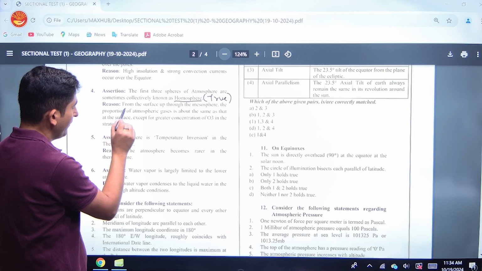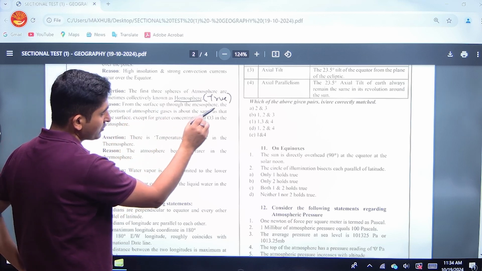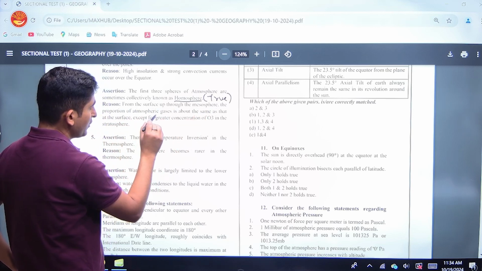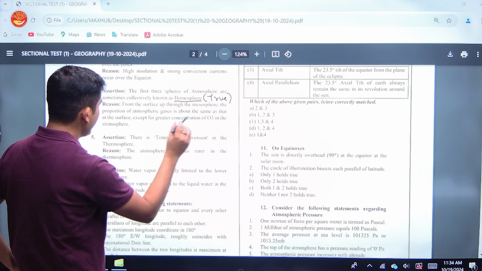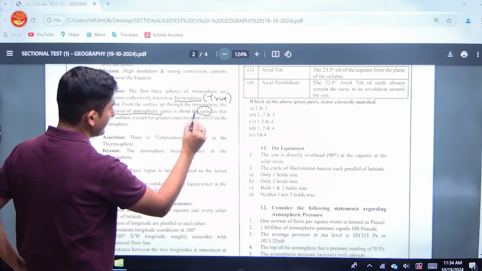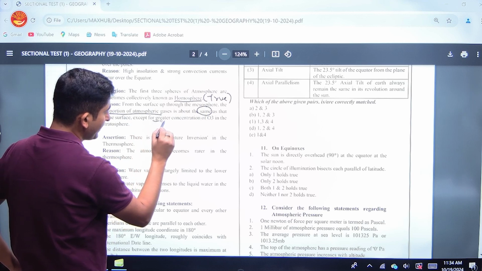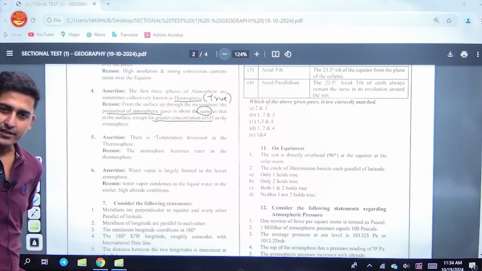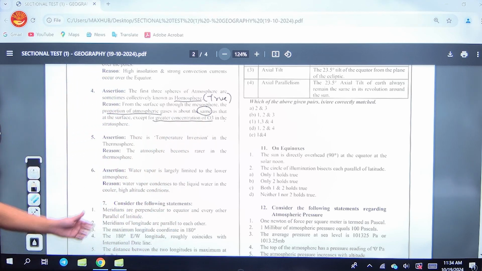And the second statement is the reason that has been given here: from the surface up through the mesosphere, the proportion of atmospheric gases is about the same as that at the surface, except for greater concentration of O3 in the stratosphere. So this is also true.